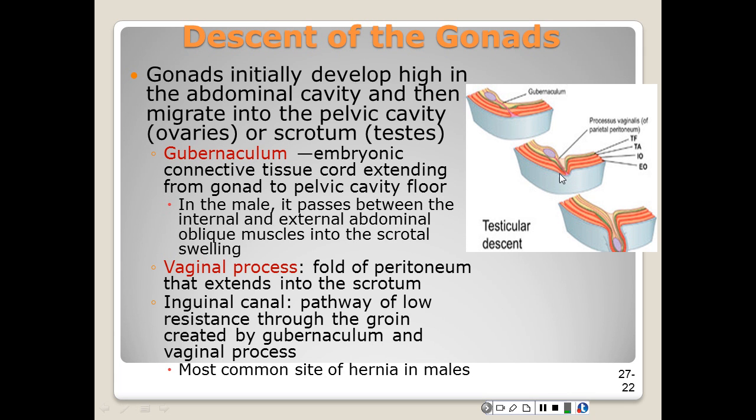Now, independently, the peritoneum also develops a fold that's going to extend into the scrotum as the vaginal process, right in here. This creates a path through the groin called the inguinal canal, which is the most common site for herniation in boys as well as in men.